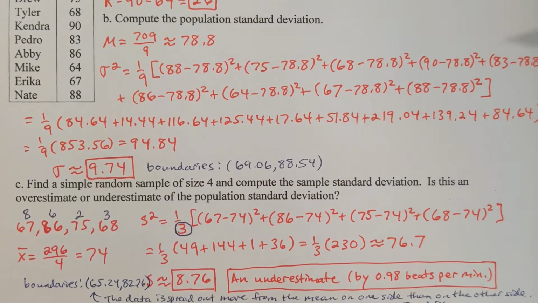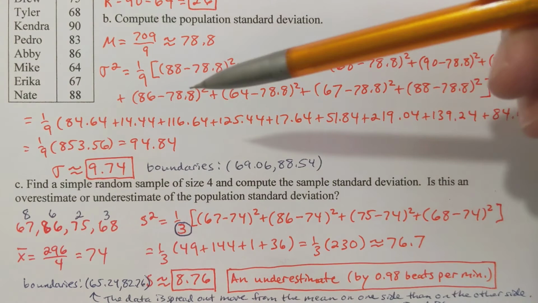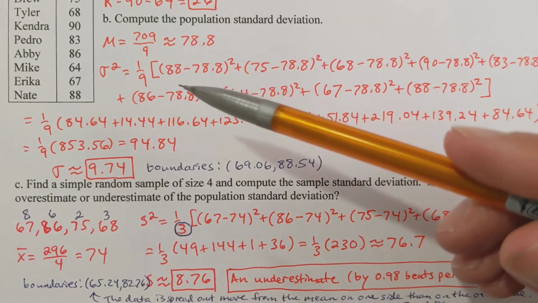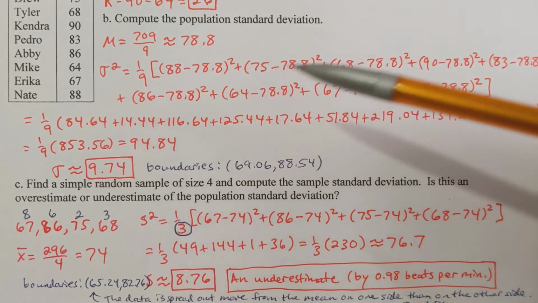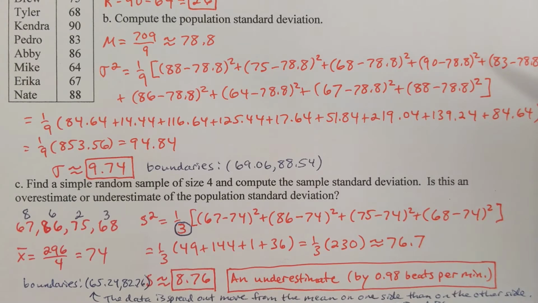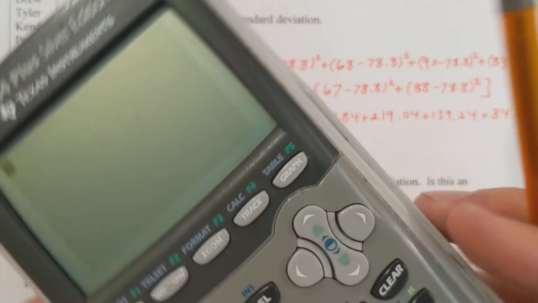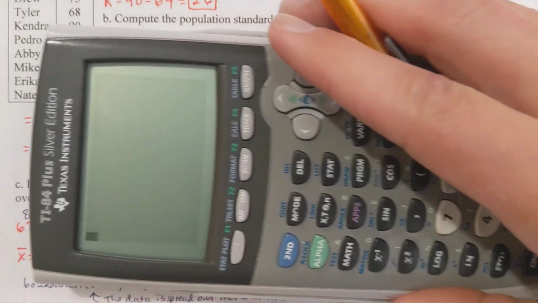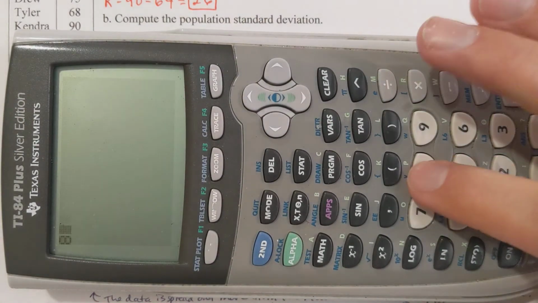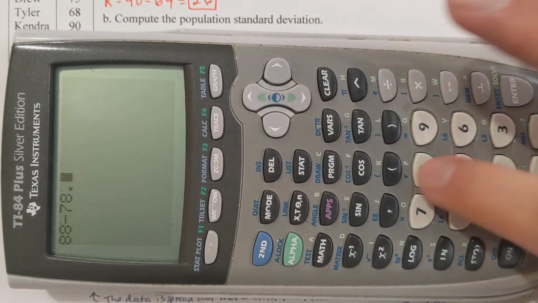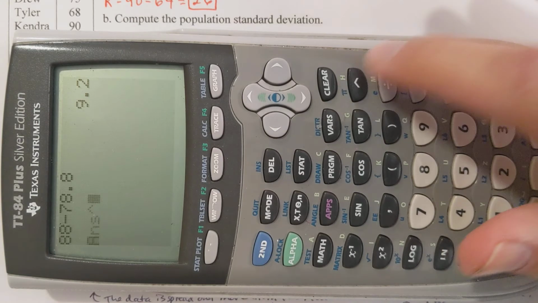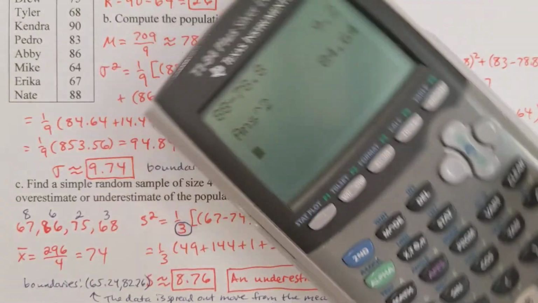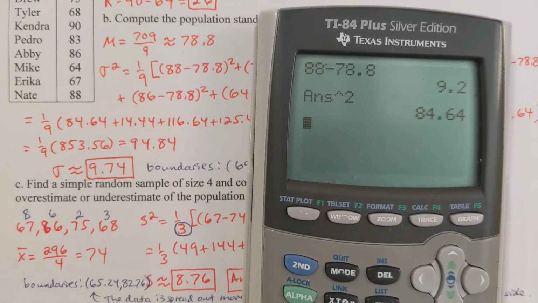And so now I continue to simplify here. I got 1/9 times. So when I take 88 minus 78.8, and then squared, that is 84.64.